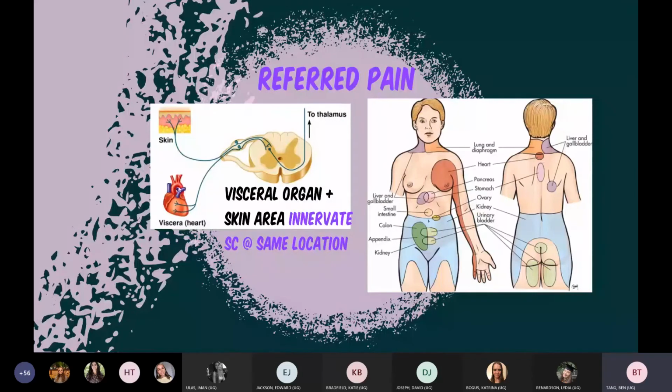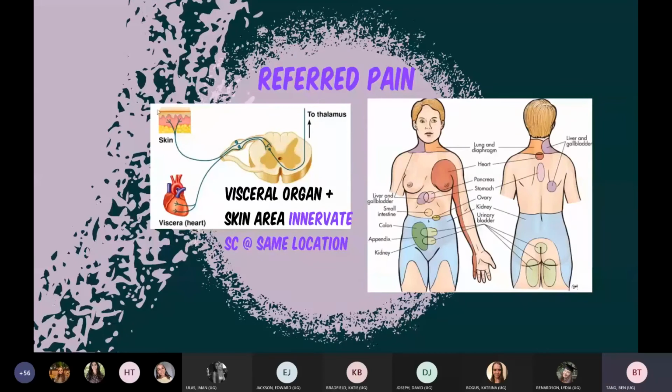So if you get a heart attack, you get the typical left side pain down your arm and into your jaw. That's because the same nerves that innervate the heart and your left arm and your jaw both synapse in the same region in the spinal cord.